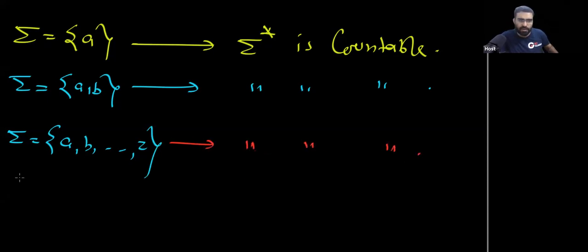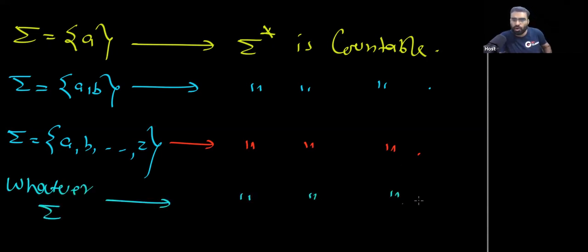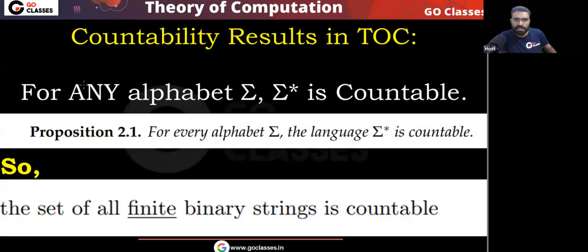Is this clear? So sigma star is always countable for any alphabet. So I can easily say the set of all finite length binary strings is also countable.